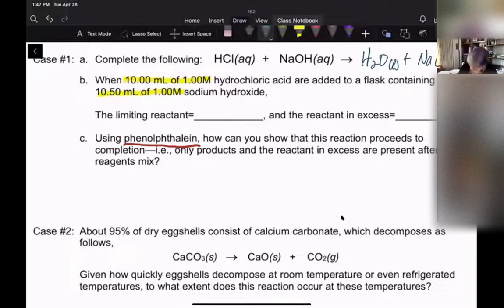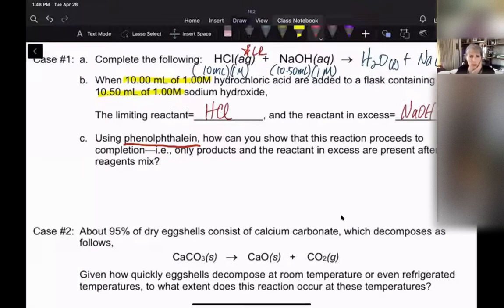And I like to do my values here. This will be our limiting reactant, and our sodium hydroxide is in excess.